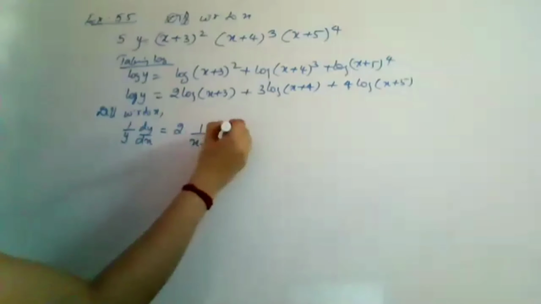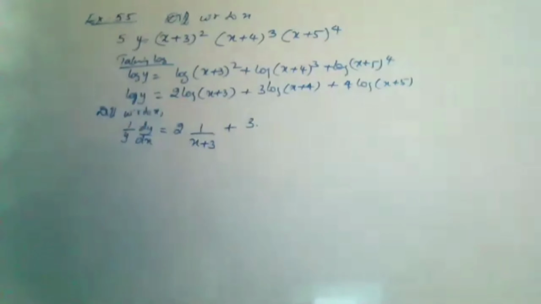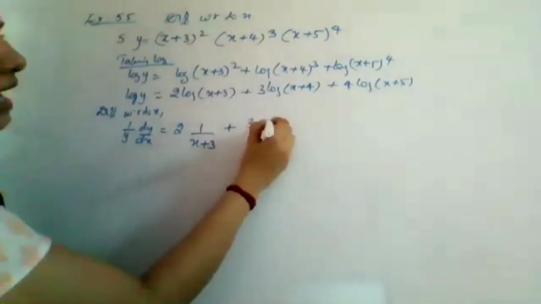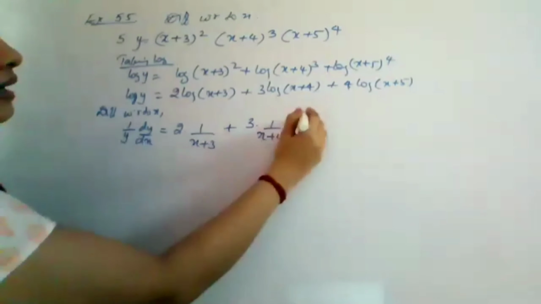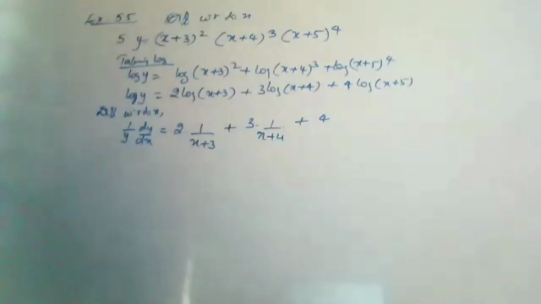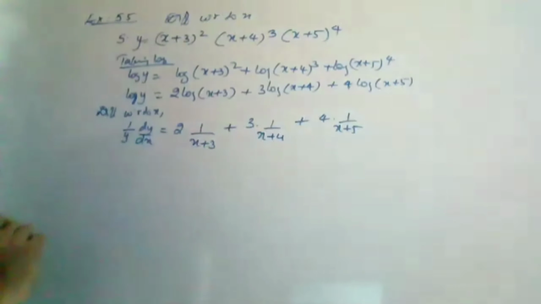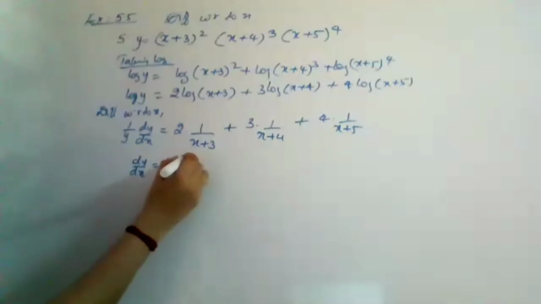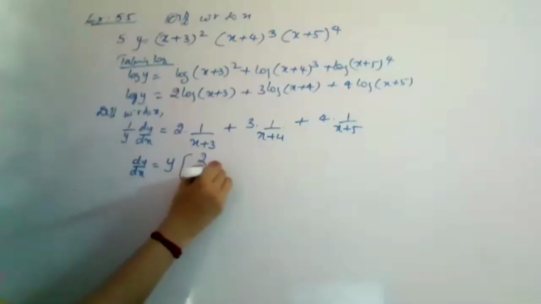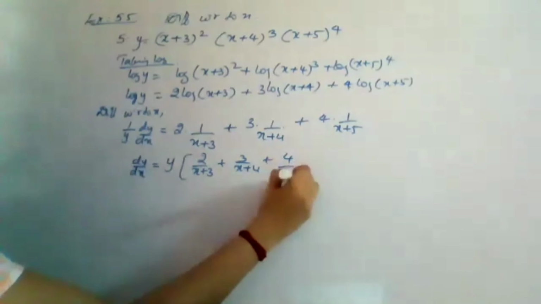Here you will have 3 into the derivative of log of x plus 4. You will have 1 by x plus 4 into the derivative of x plus 4, which is again 1, plus 4 into 1 by x plus 5. Now dy by dx is y into 2 by x plus 3 plus 3 by x plus 4 plus 4 by x plus 5.